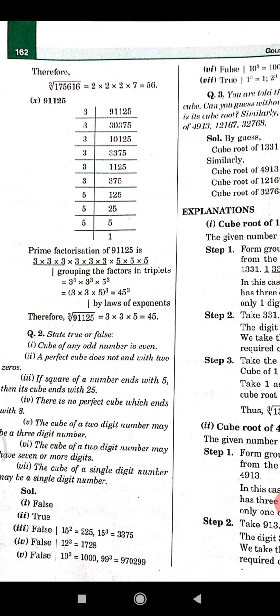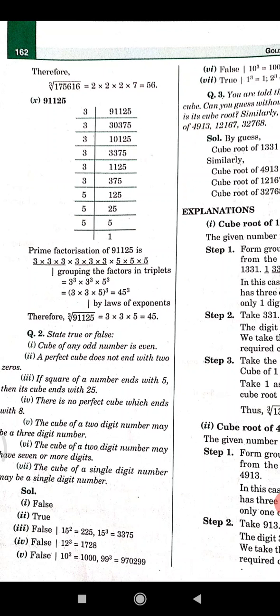Again 3, 10125. Again 3, 3375. Again 3, 1125. Again 3, 375. Again divide by 3, 125. Now 125 is obtained, and it is not possible by 3.